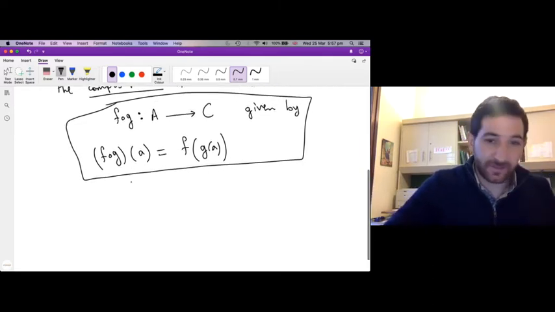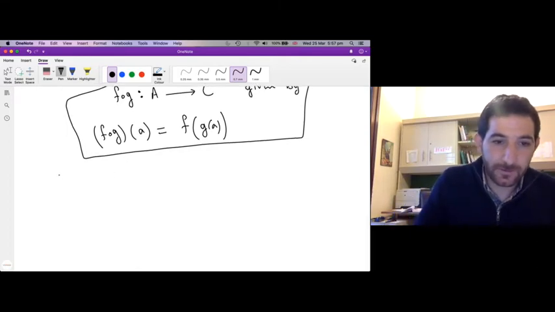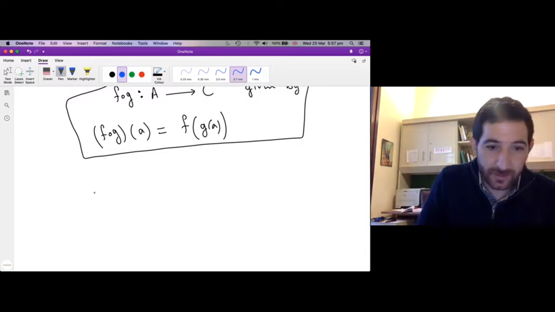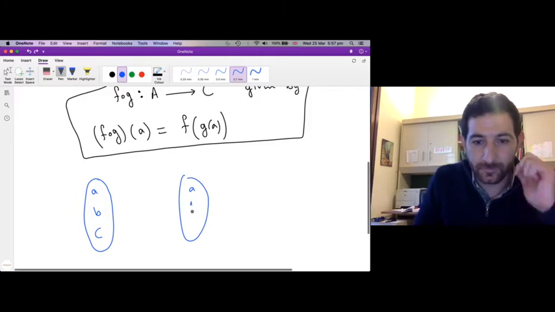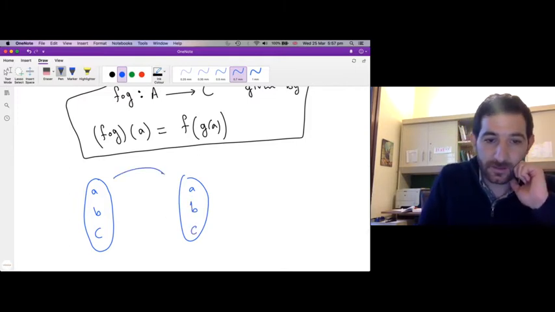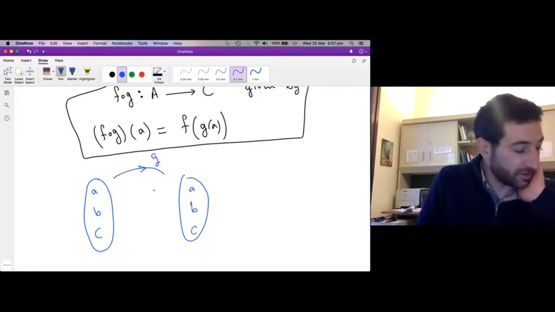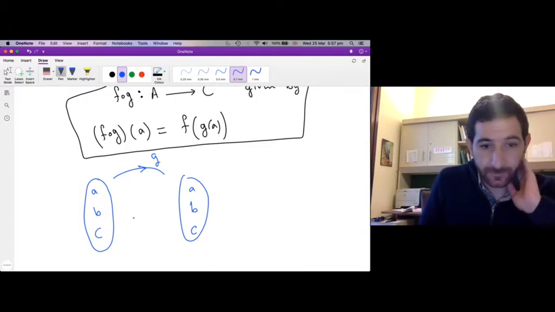Okay, let's have an example. Suppose in the first set we have a, b, and c, and in the second set we have also a, b, and c, and this is the function g, and g maps a to b, b to c, and c to a.